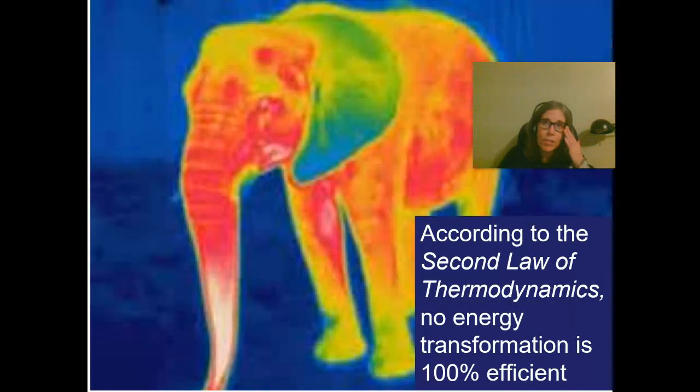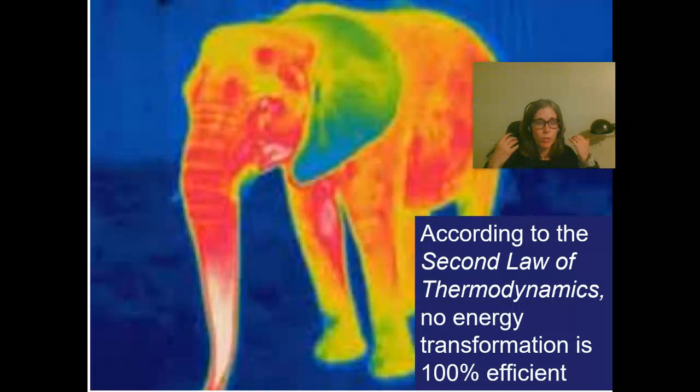So an example of this from your own life might be when you drive somewhere in a car, you're converting the chemical energy from gasoline, right, hydrocarbons, into mechanical or kinetic energy, energy of motion, right? But it's not 100% efficient. Some of the energy is lost as heat, and you know that because when you put your hand on the hood, when you get out of the car, you can see that it's warmed up.